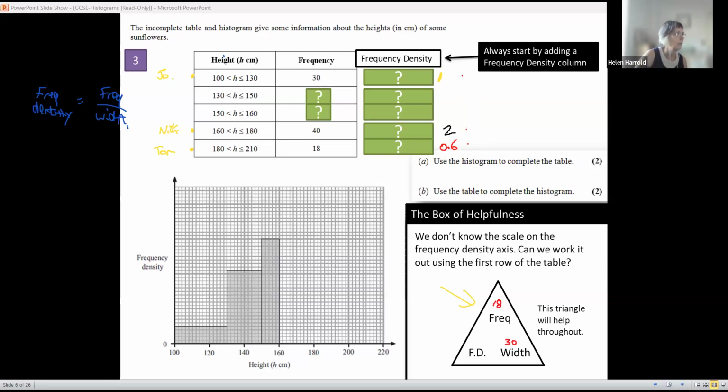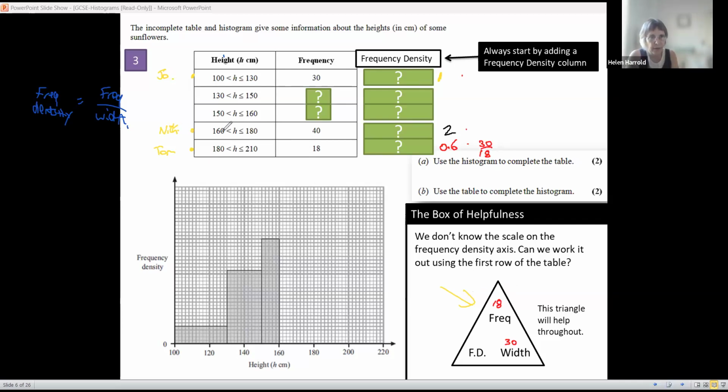Okay, right. What was the bottom one? So the bottom one was 30 divided by 18. Yeah. Okay, so those of you who are confused, does it make sense?